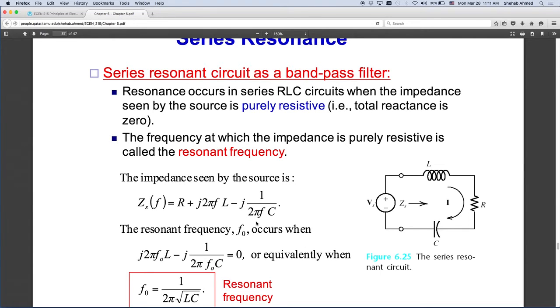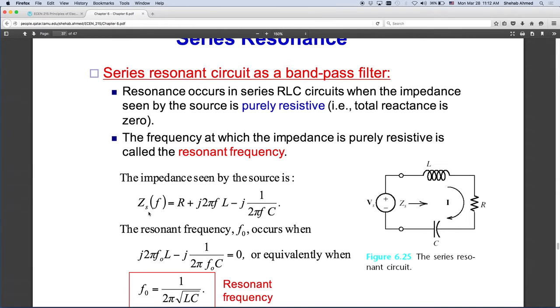Which means that the current at other frequencies besides the resonance frequency will be what? Higher or lower than the resonance frequency current? Will be lower, right? At any frequency besides the resonance frequency, I have the effect of the inductance and the effect of the capacitance existing, which means the magnitude of the impedance is high, so the magnitude of the current will be low.